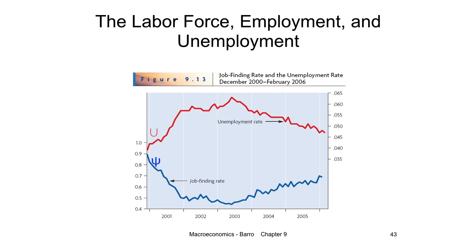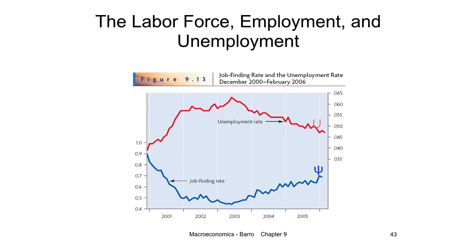For the job finding rate, we find that when it goes down, it means that it's very difficult for people to get a job now. Then the unemployment rate goes up. And when the job finding rate goes up, it's easier for people to find a job, then the unemployment rate goes down. This is much more intuitive and makes much more sense.